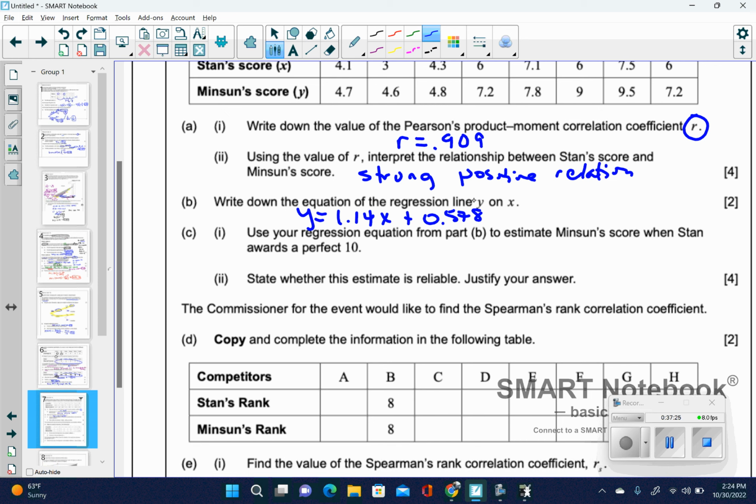Now it says use your regression equation. So you're going to take the 10 right here and plug it in for x. So 1.14 times 10 plus 0.578.